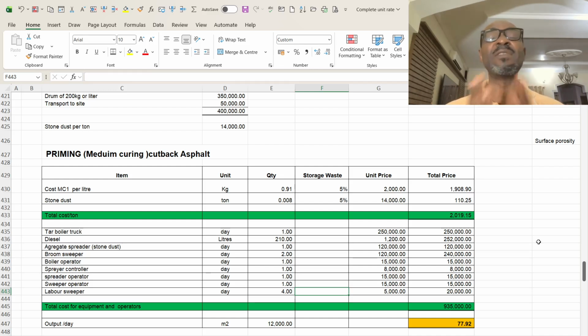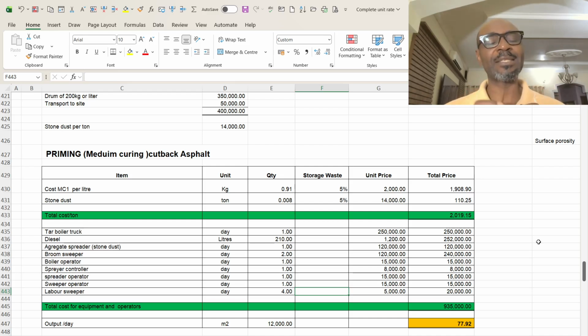They are of different grades in the market. So depending on the one that is specified in the description of the rate in the bill of quantity, that is the one that you will use. But in this instance, we are going to be using MC1.